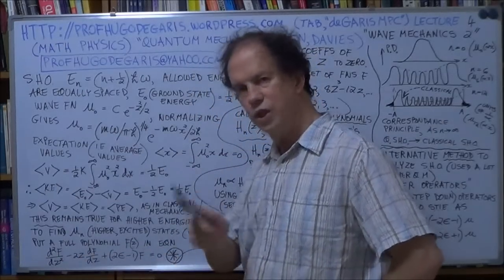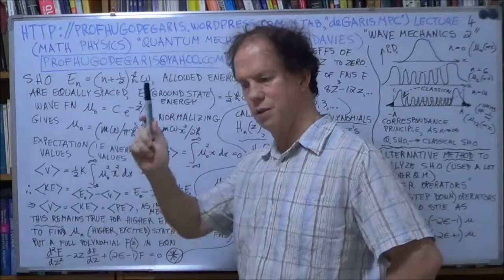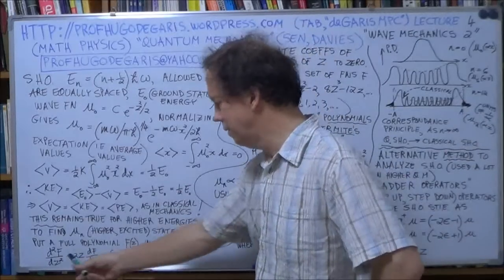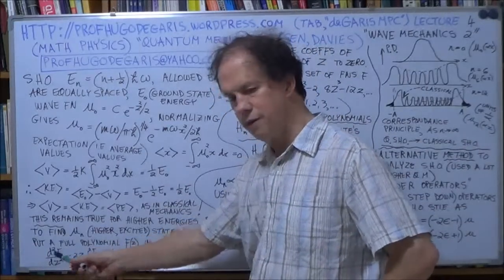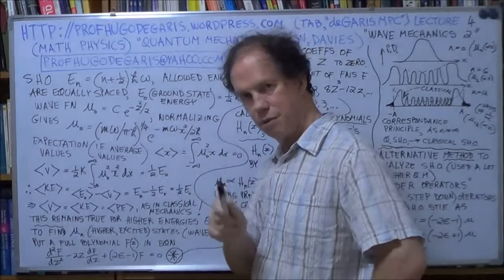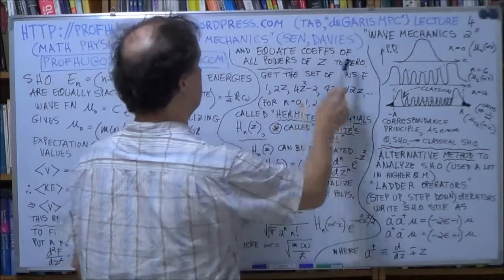So all those coefficients of z to the n minus 1, z to the n minus 2, all those coefficients have to be equal to 0, right? So the coefficient for each power of z has to be 0. Right? That's what's being said here.